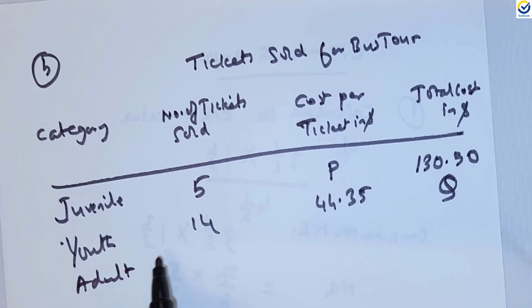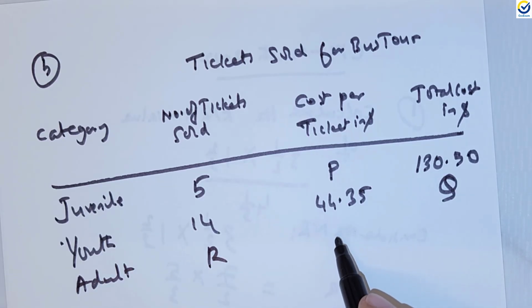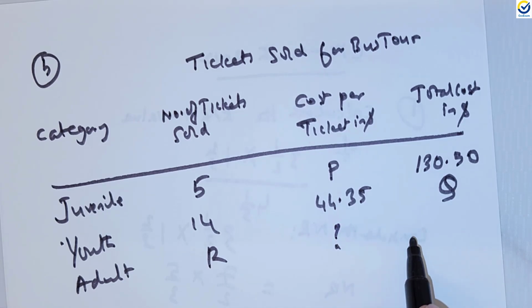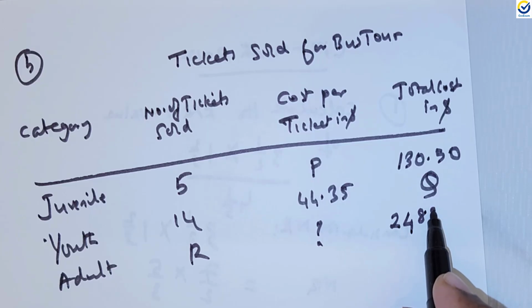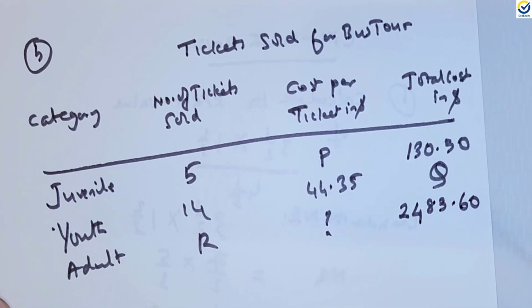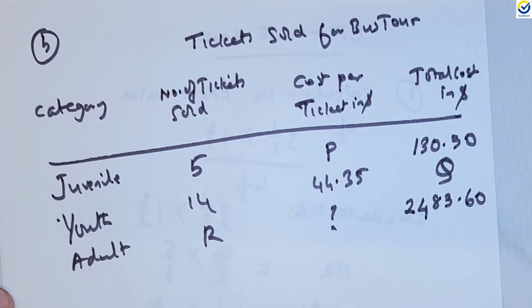Adult is given as R. Cost per ticket we don't know, it's not given. And the total is 2483.60. We are asked to get P, Q, R, and we are also asked to fill this. Okay, so we will have to start with the first one.